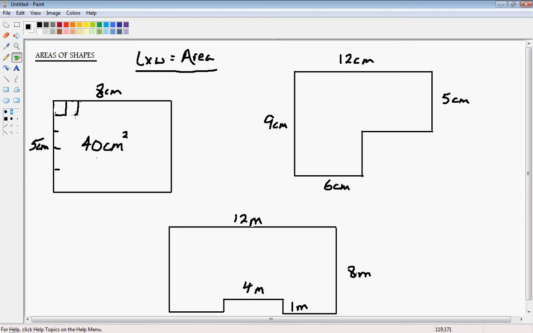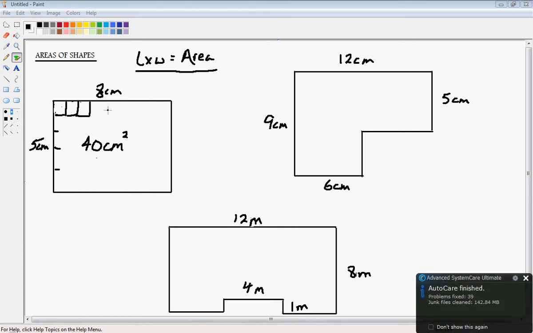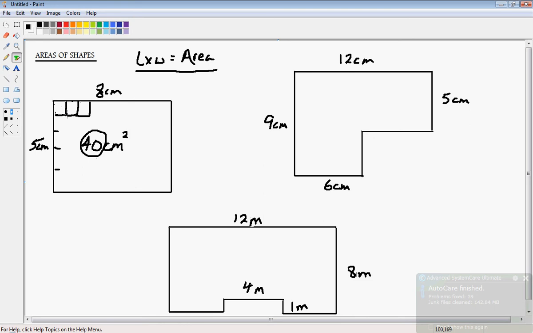What we would get is little blocks that are all 1 centimeter by 1 centimeter. And of course I'd have 8 this way and I would have 5 this way. So if I added all these little squares together, I would end up with 40. So these squares would be 1 centimeter by 1 centimeter. So 1 times 1 is 1, and we would have 40 of them. So 1 times 40 is 40.